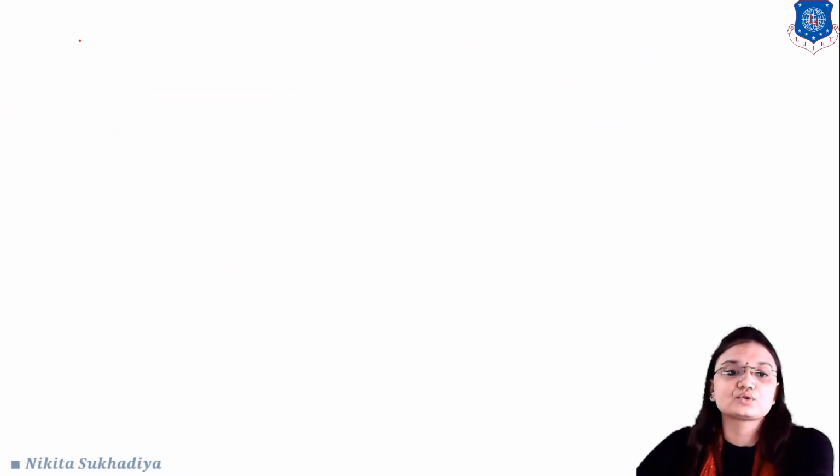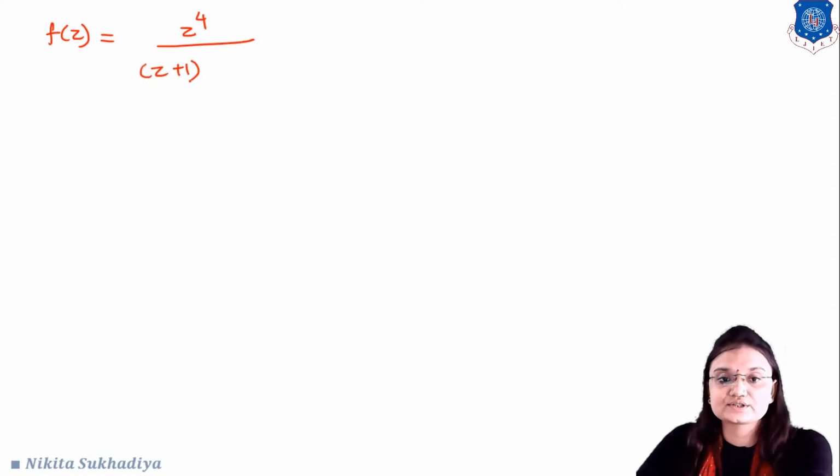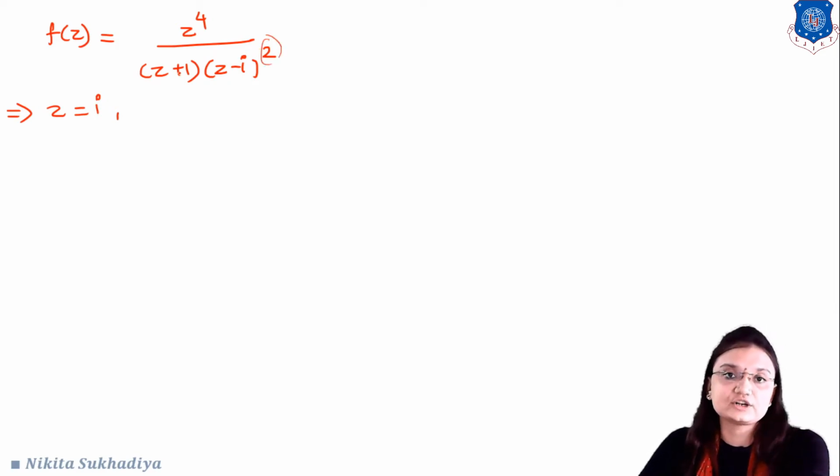Now for the point z is equal to i. Here we have the function f of z is equal to z raised to 4 upon (z plus 1)(z minus i) raised to whole square. The second point, z is equal to i, lies inside the ellipse. Here you can clearly see that z is equal to i is a second order pole.